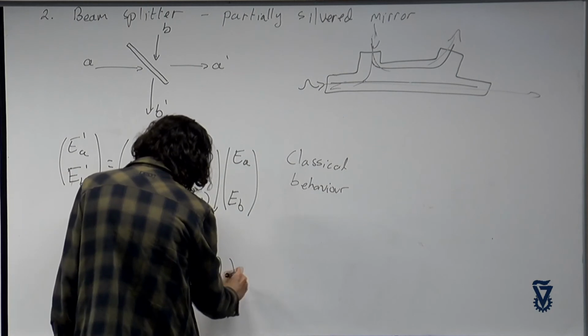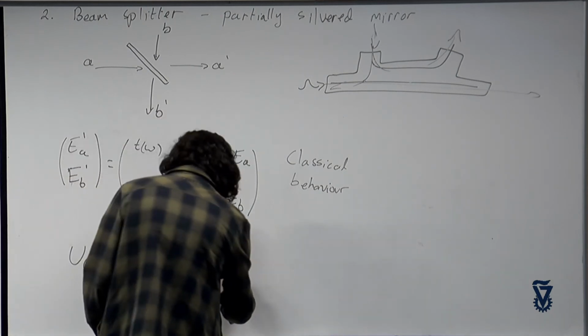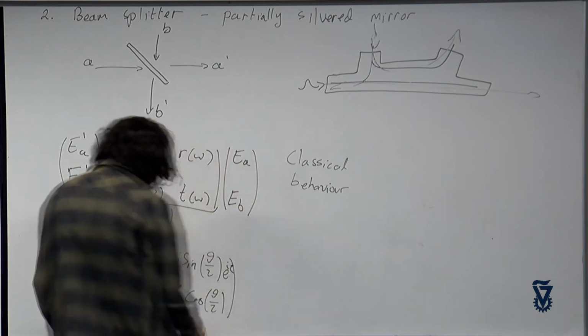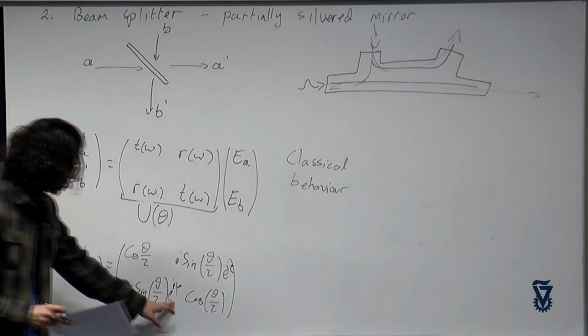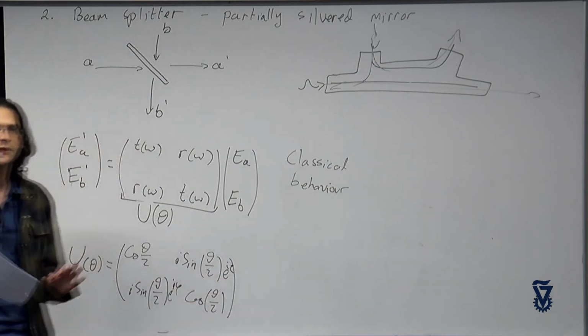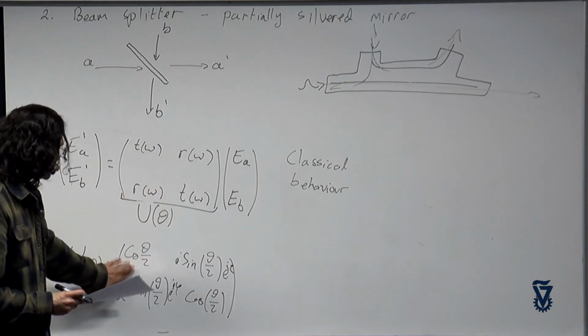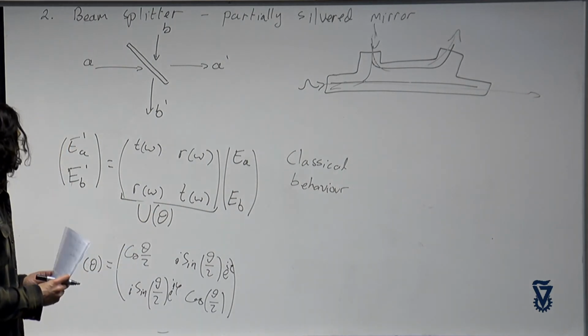So you're going to have, in general, some e to the i phi also coming in here. But you can ignore this for now. It's not that important. What's important is just to see that the structure of this is a rotation like this. So this is pretty simple.